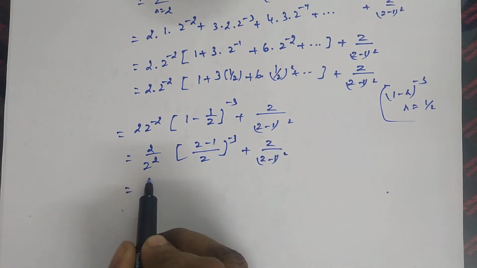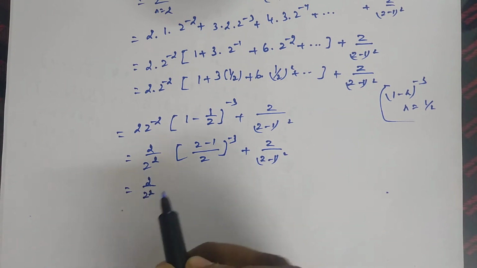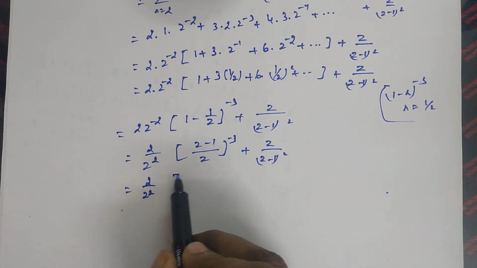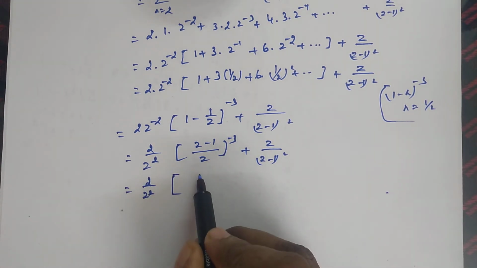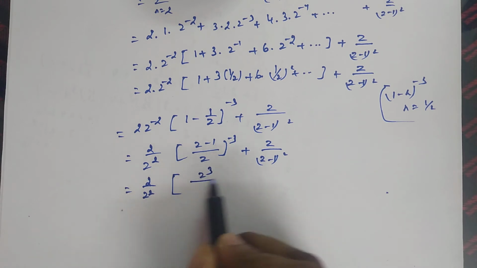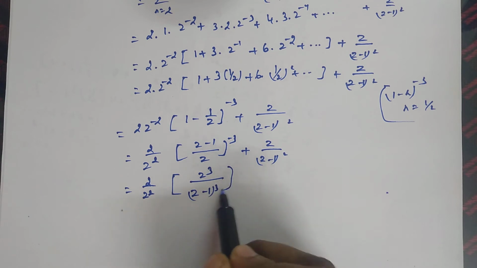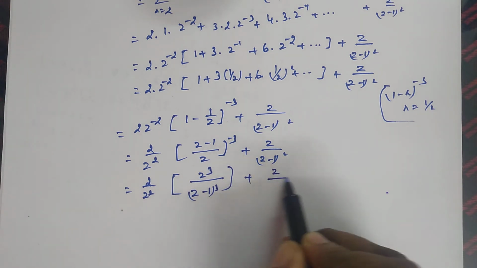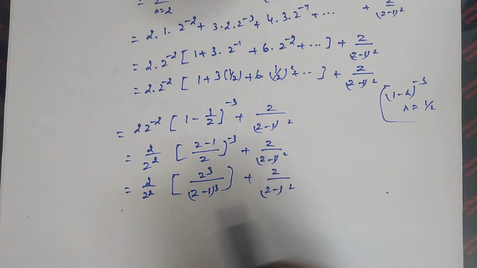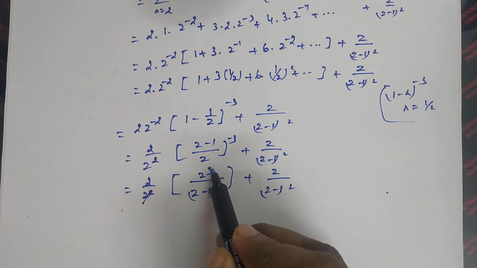Now this can be written as 2 by z square into, for the minus 3 we have written this one as z cube by z minus 1 the whole cube, plus z by z minus 1 the whole square. Now we can cancel the z square and the z cube.